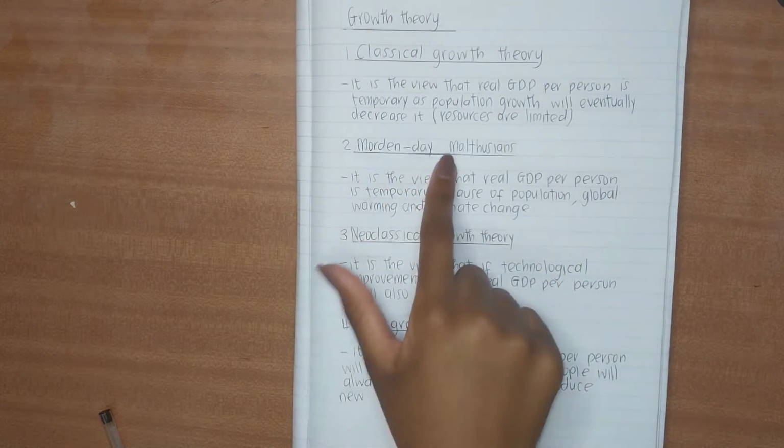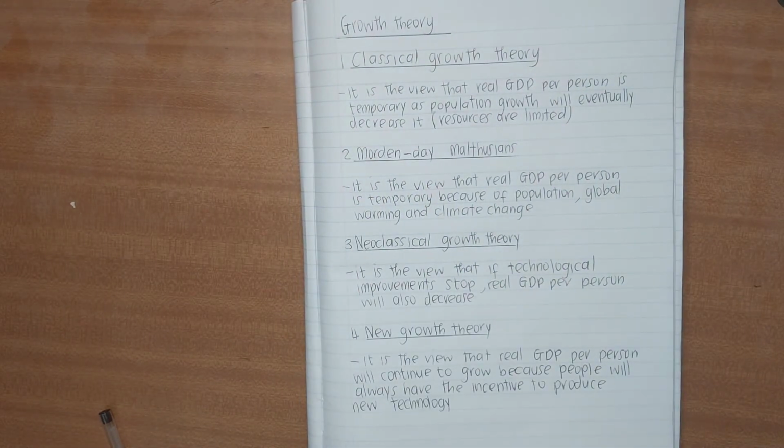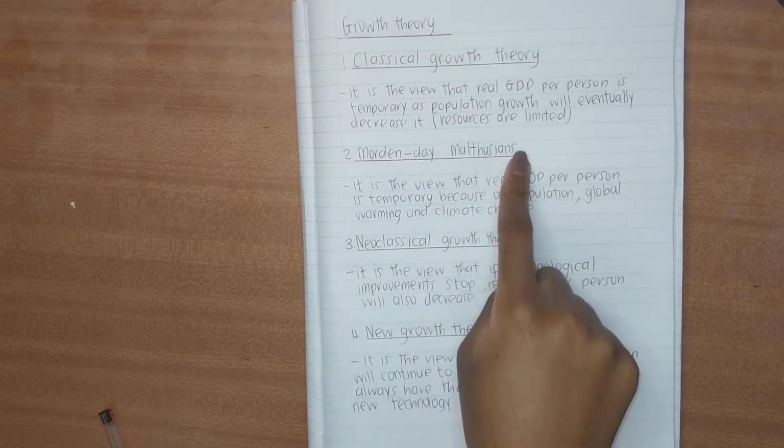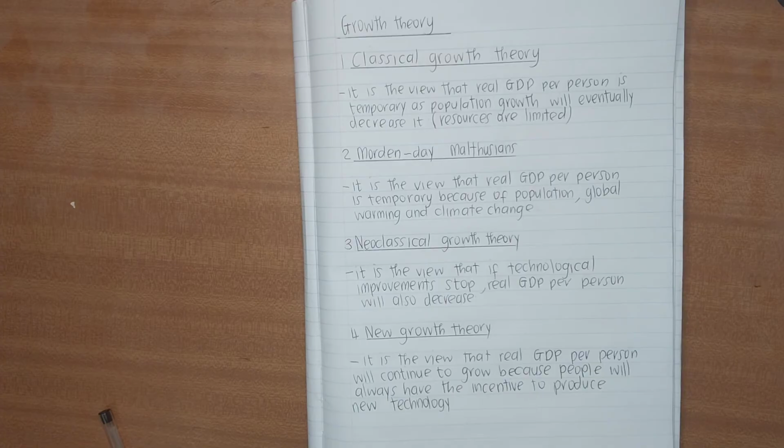And then we go on to the second theory, the modern day theory. It is the view that real GDP per person is temporary because of population, but not only population, also because of global warming and climate change. So in this theory, we see population growth as the problem.